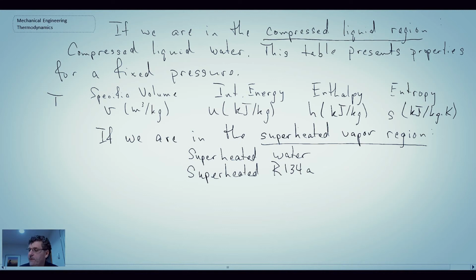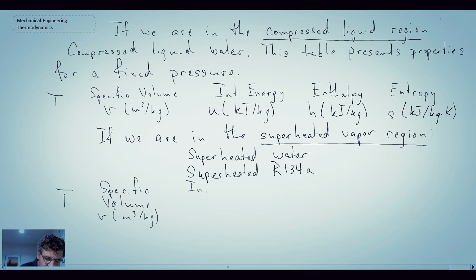And so you'll have different pressures for the superheated water tables. And so what is being presented then is temperature, specific volume, and that's going to be little v in units of meters cubed per kilogram.